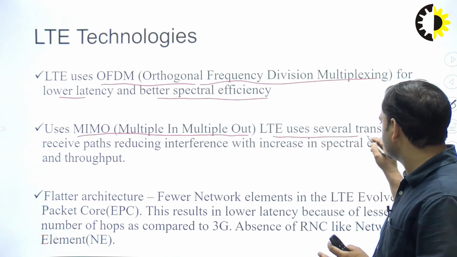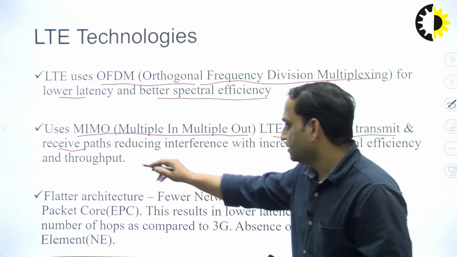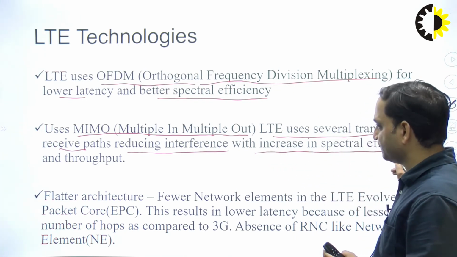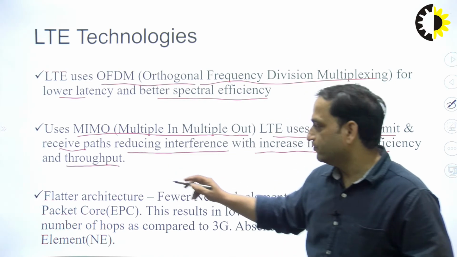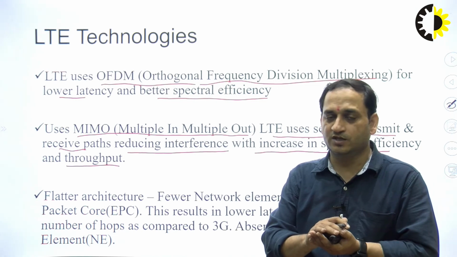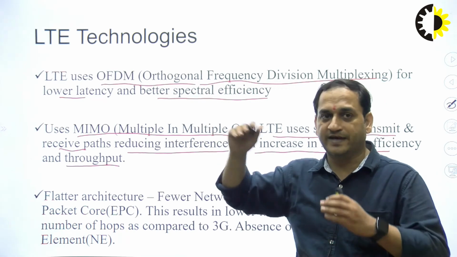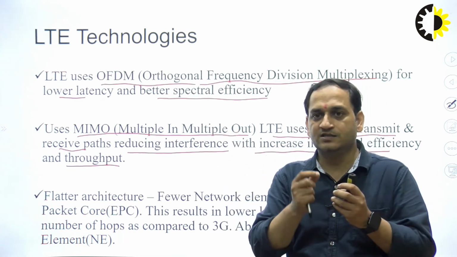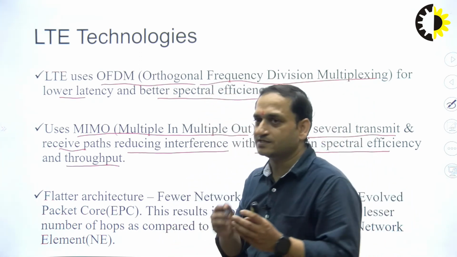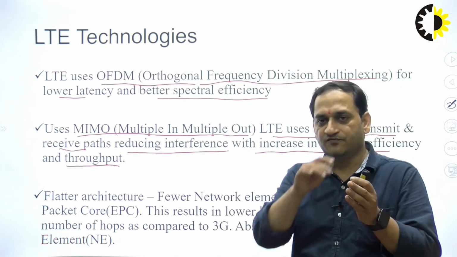LTE uses several transmit and receive paths. As I said, different diversity techniques are there. This reduces interference, with an increase in spectral efficiency and throughput. When we combine the OFDM and MIMO systems, because the subcarriers are orthogonal in nature, when one sample is taken in the OFDM system, the second sample will be taken when the first carrier has a null point.